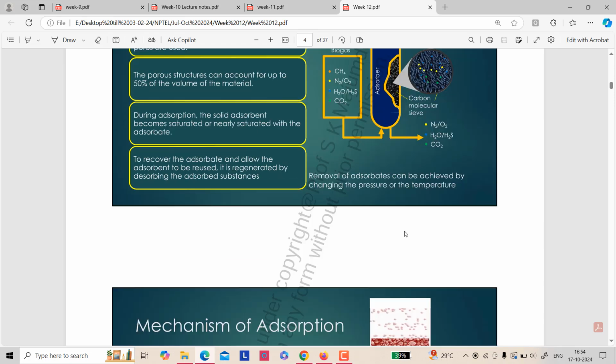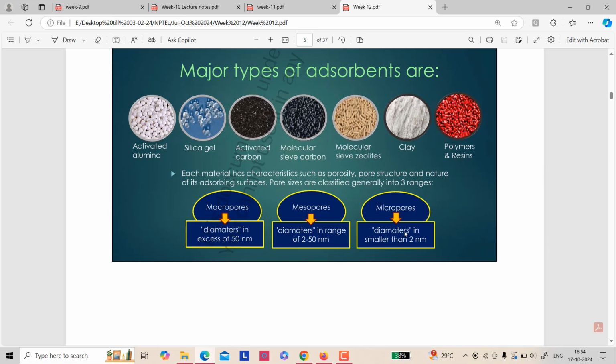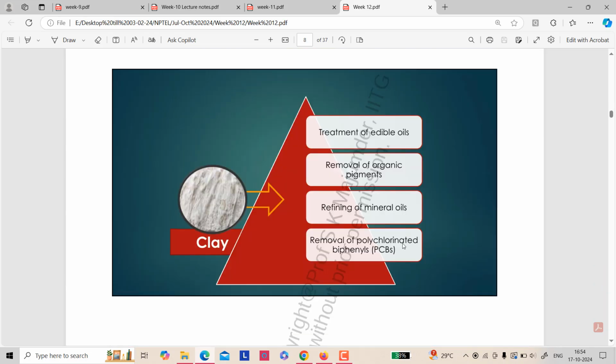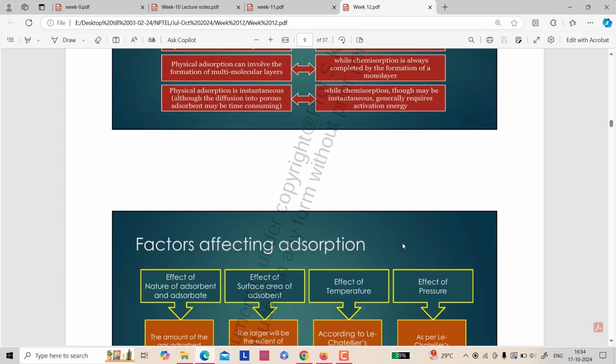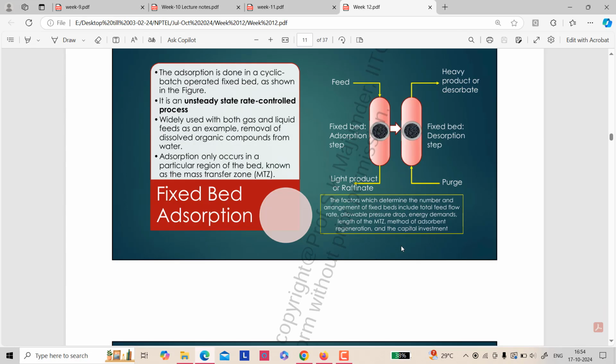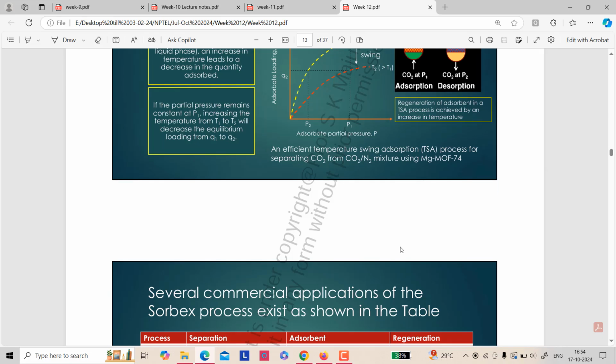Those are discussed in detail, and if you go through each of my classes throughout these 12 weeks, you'll get to know these chapters better. What is an adsorbent, what types of adsorbents are used, what is an adsorbate, what adsorption equipment is used, everything is detailed in this chapter.